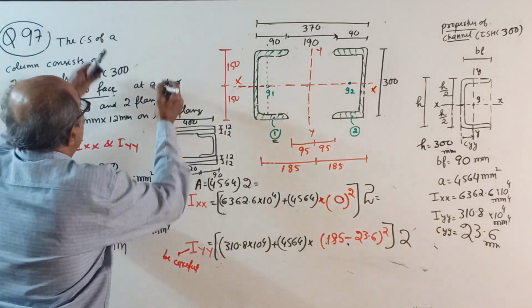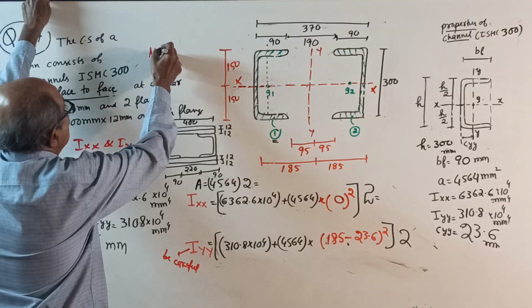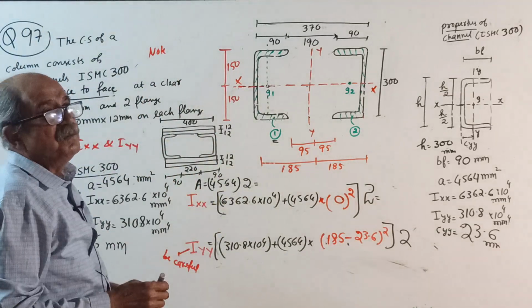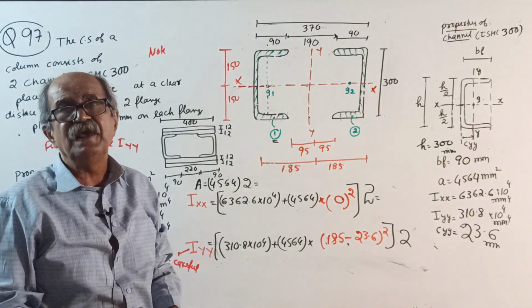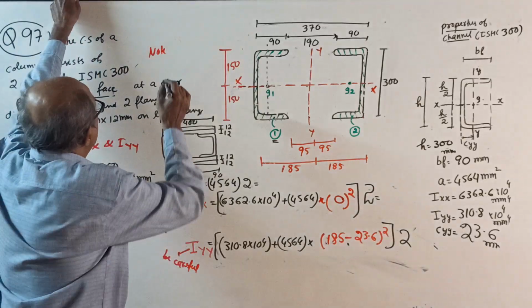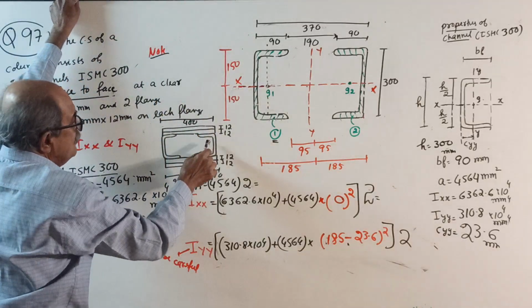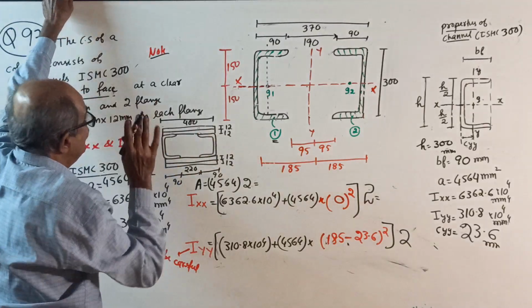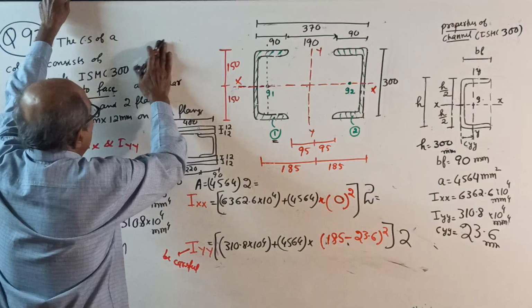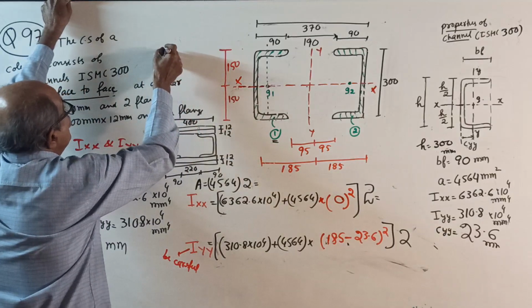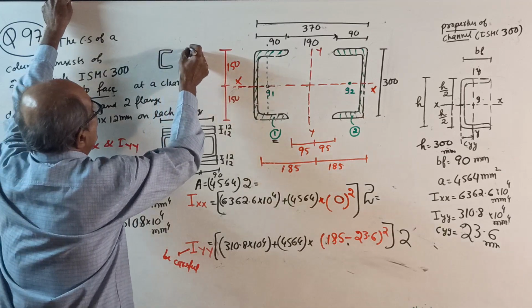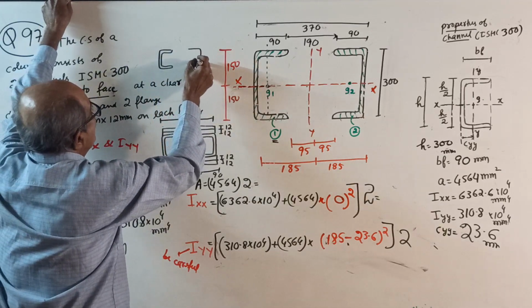Now one note you have to write. Later this will be connected by bolts. Bolts, welds, all, you don't bother here. Now, you need not waste time considering 4 plates. Both are rectangles. Therefore, make a note here. To save time, you take 1 channel here, 1 more channel here.